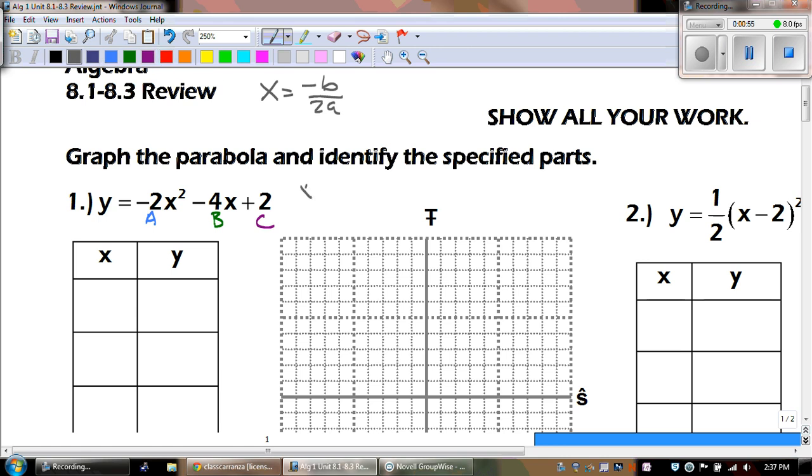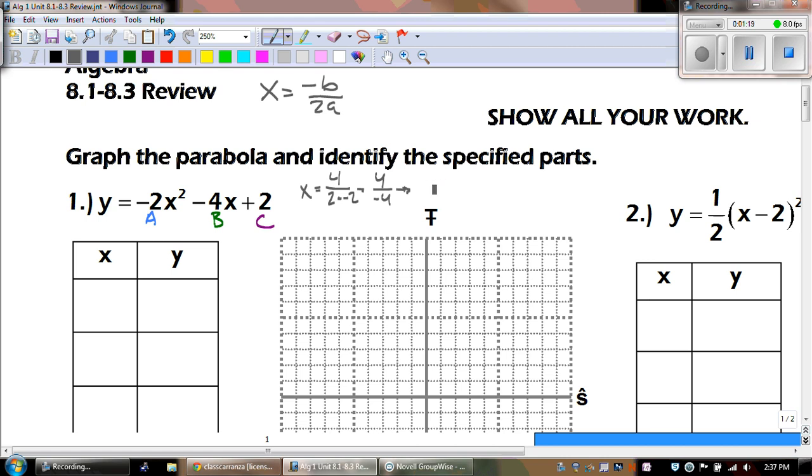So x equals the opposite of b, so if our b is -4, the opposite of that is +4, over 2 times -2. 2 times -2 on the bottom gives us -4.